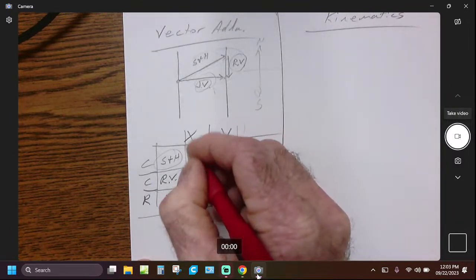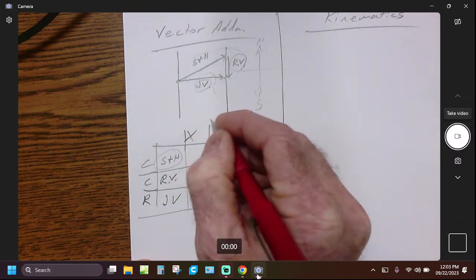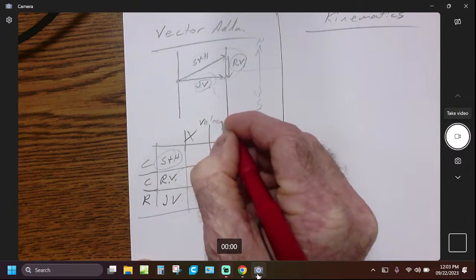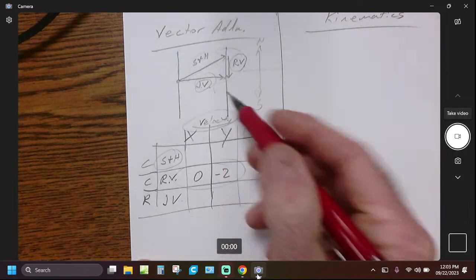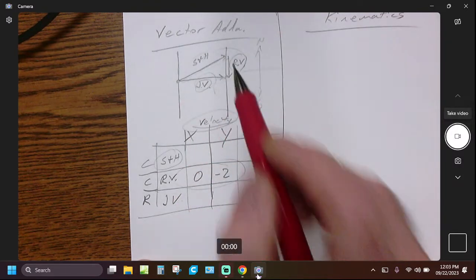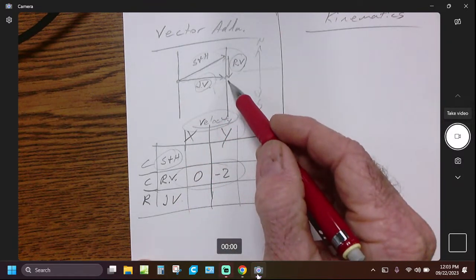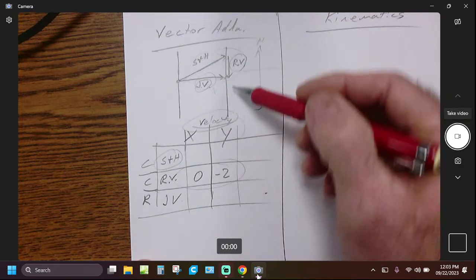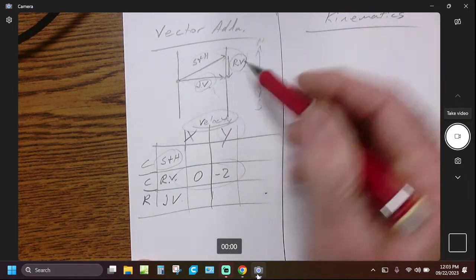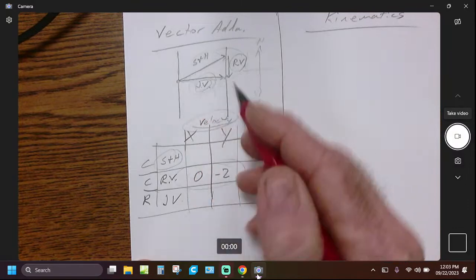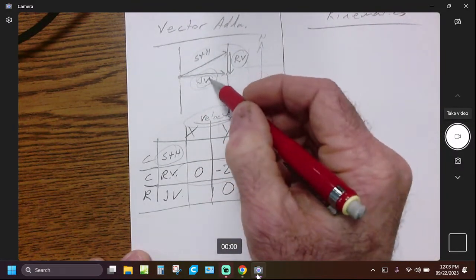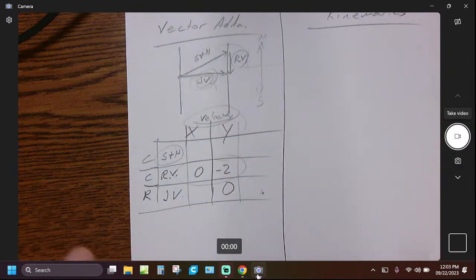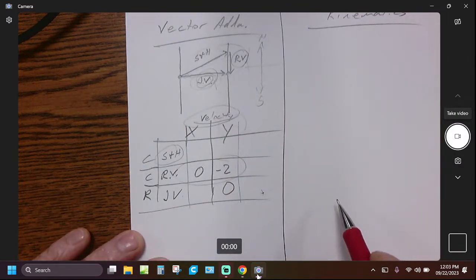These are velocity vectors right now. The one we know for sure absolutely is, X or Y? We know the Y. What's our Y velocity? The Y component of that is 0. Okay. So this is actually maybe a little complicated to figure out.